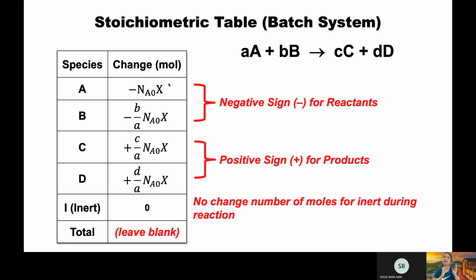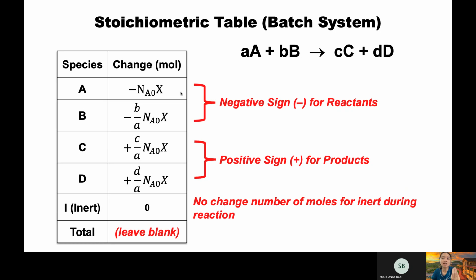Sebanyak minus NA0 X. Okay, contohnya, let's say you don't understand. Okay, katakan initial A, NA0 is 10 mol. Okay, so katakan berapa banyak dia berkurangan. Let's say X adalah 50%. Maknanya X 0.5. So, kalau 0.5 kali dengan NA0 10 is 5, right? So, it becomes minus 5.